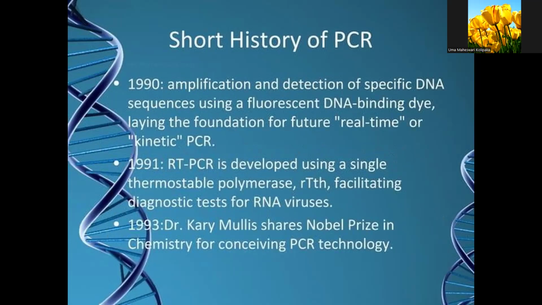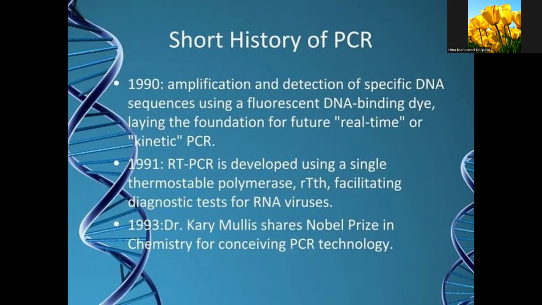Next, amplification and detection of specific DNA sequences using a fluorescent DNA binding dye, laying the foundation for future real-time or kinetic PCR. That happened in the year 1990. Amplification is nothing but making n number of copies, multiplying the copies, and detection of specific DNA sequences using a fluorescent DNA binding dye.